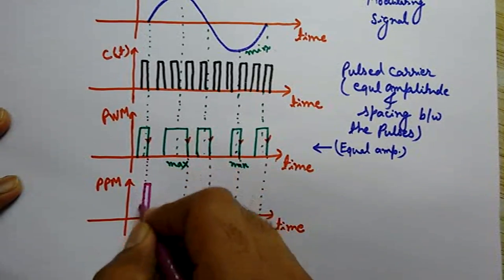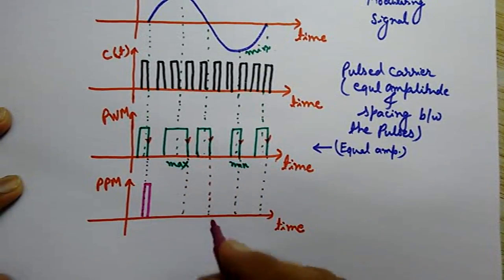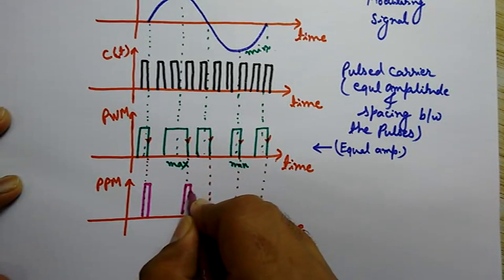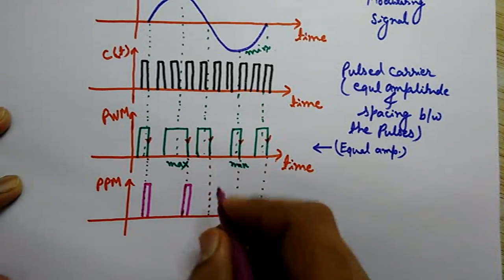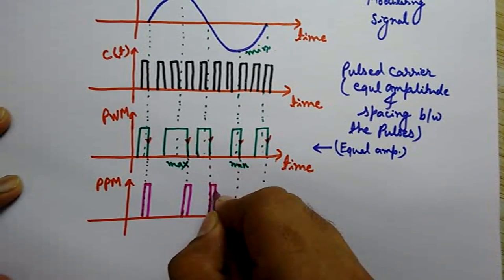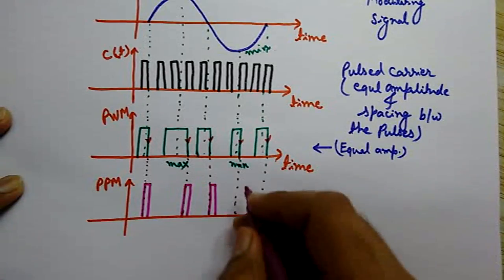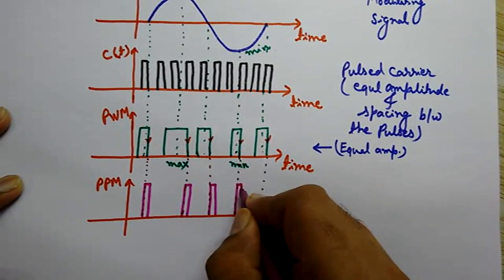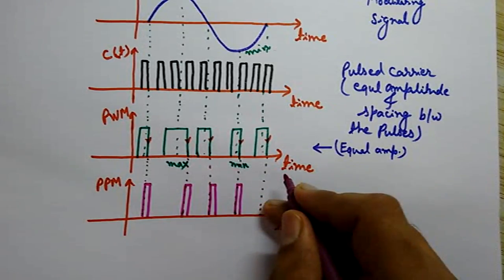Okay, this dotted line is the starting point of this PPM. As you can see here, all these PPM pulses have equal amplitude and also equal widths.